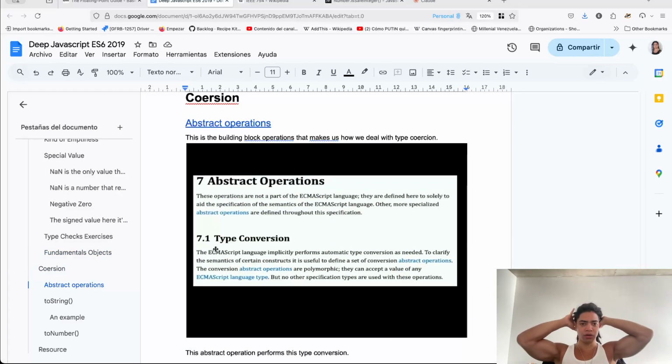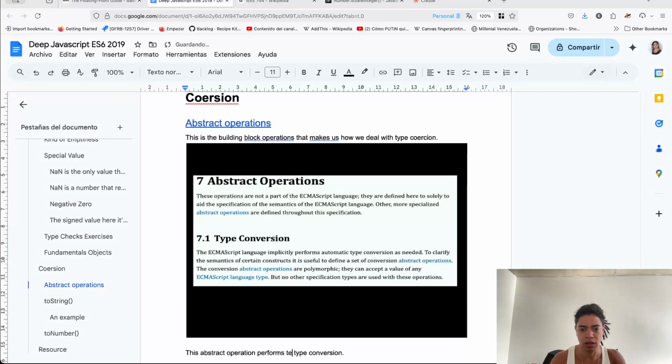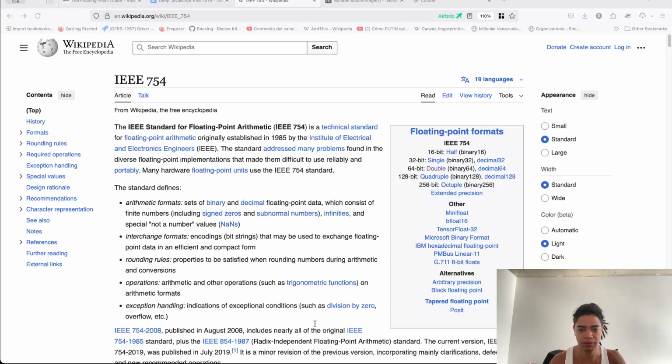And then we talk about coercion, or these abstract operations. This is the building block operation that makes up how we deal with type coercion. We actually look at the spec and dive a little deep into what this is. So these abstract operations perform type conversion in JavaScript, of course.